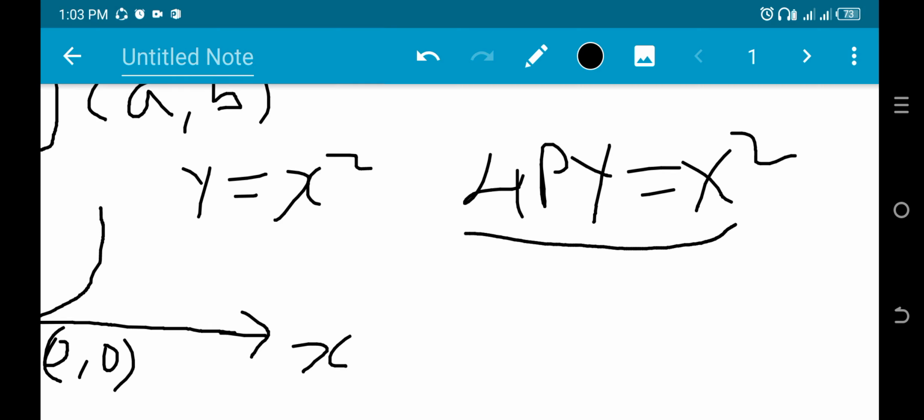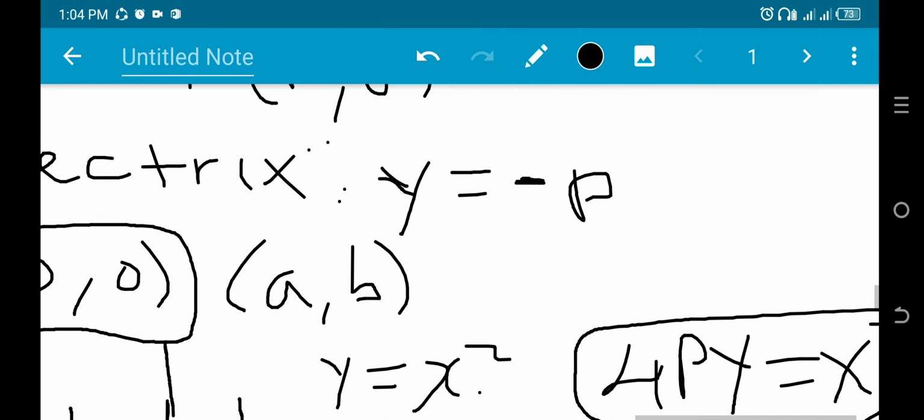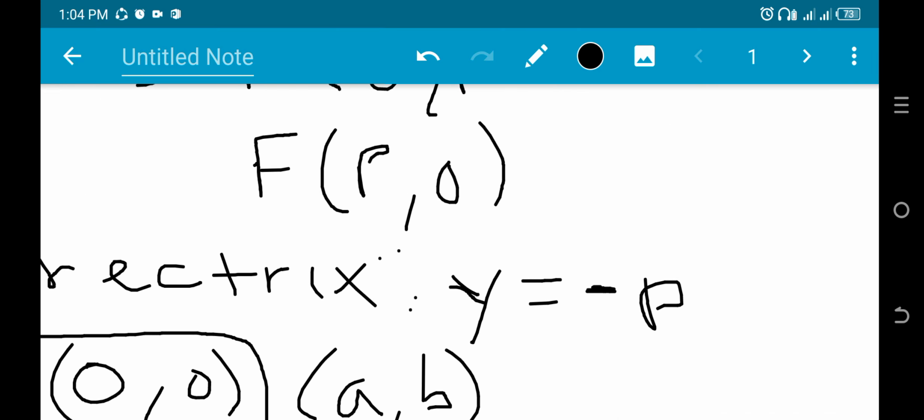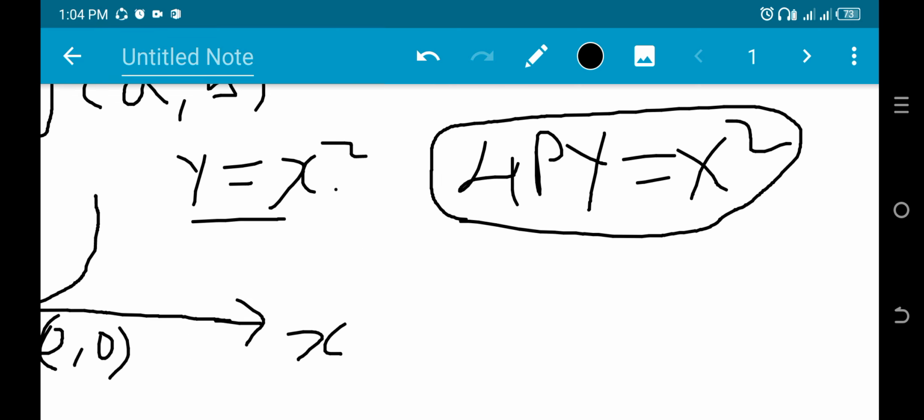So this is just the little addition which you have. These are just the same, it's just that we introduced new variables and the number 4. The p stands for the focus, as we were discussing here, the coordinate of the focus. So this is what we are going to have in this form.